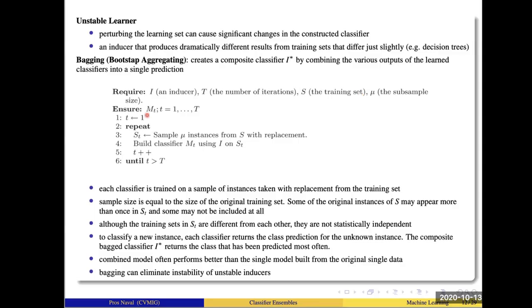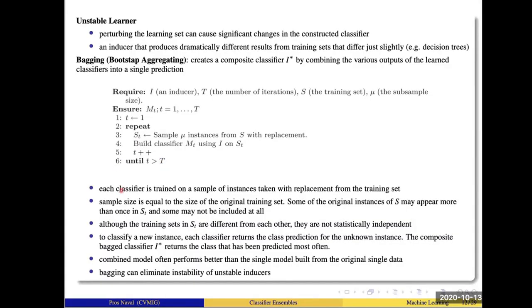You'd like to create your set of classifiers, initially empty. There are T of them, big T of them, and we just repeat the following process. First step is we sample mu instances from the training set with replacement, and we build the classifier M_t using the inducer applied on your sampled data. And we increment, we keep on doing that until we have big T different classifiers.